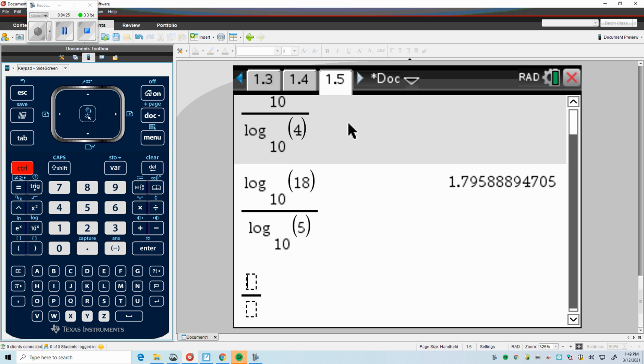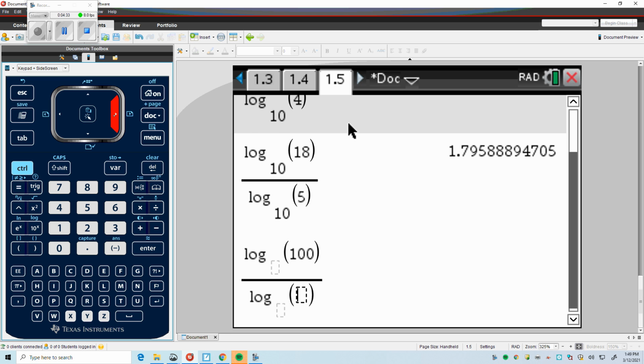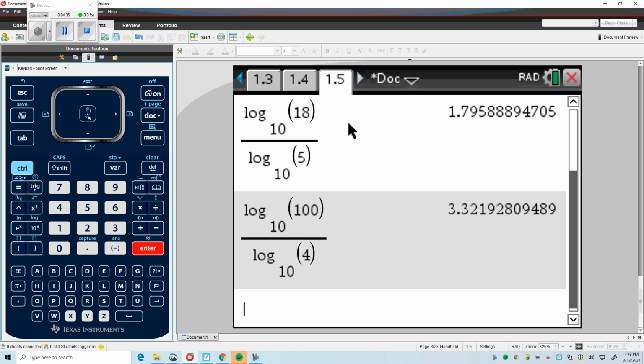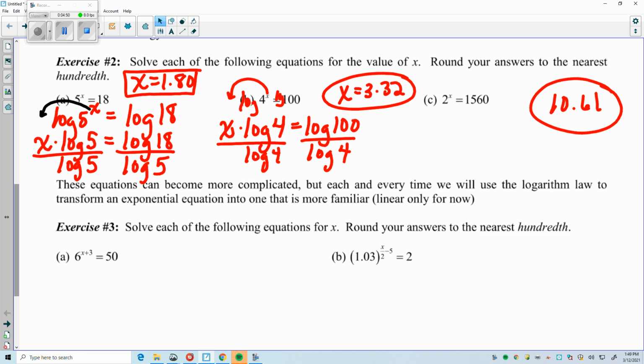We're going to do log of 100, and then we're going to divide that by log of 4, round to the nearest hundredth. So our nearest hundredth here is about 3.32. Okay. I'll leave letter C for you to try if you'd like to try. It's going to get you an answer of about 10.61.